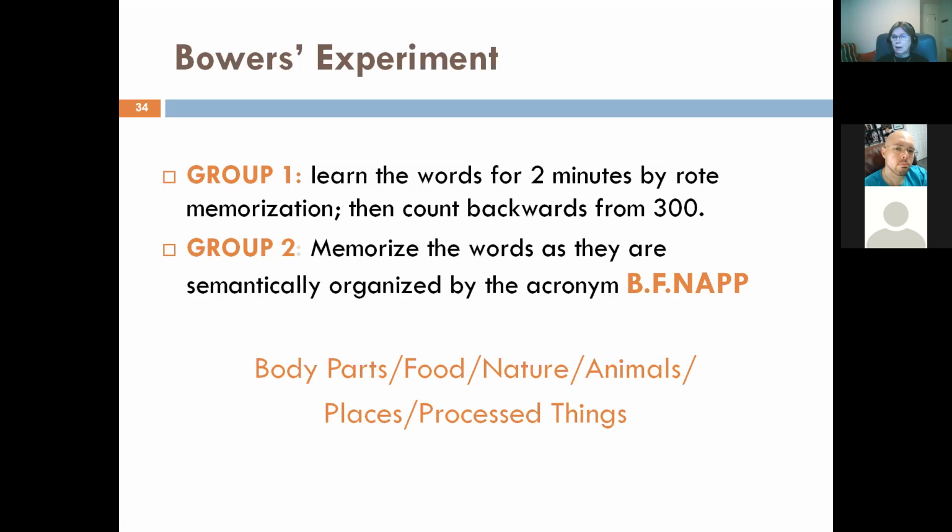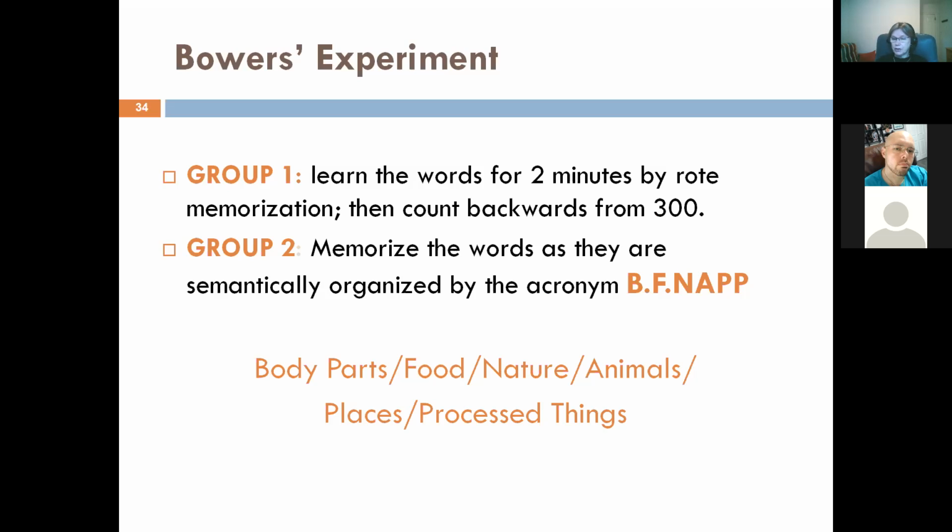In the first condition, okay, who can type in the chat, what would be the approximate number of words people remembered? Well, that's the short-term memory capacity, which is 7 plus minus 2. So 7 to 9 words.